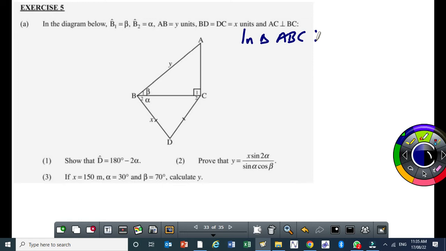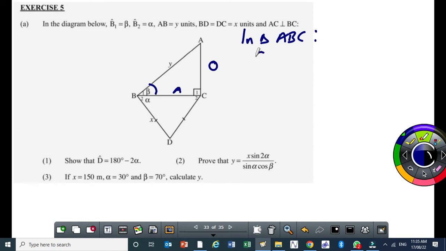So the first equation, I'll use triangle ABC. Remember, this is our reference angle. Obviously, y is our hypotenuse. Therefore, AC is going to be the opposite side and BC will be the adjacent side. Okay? So, to get this cos beta here, it comes from using triangle ABC.